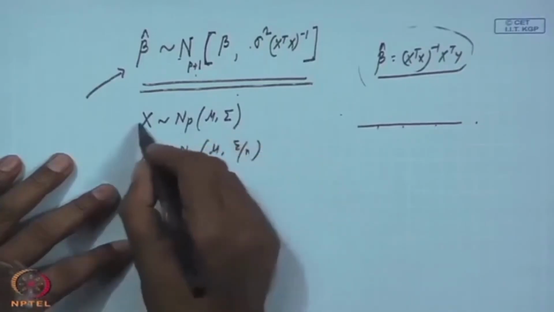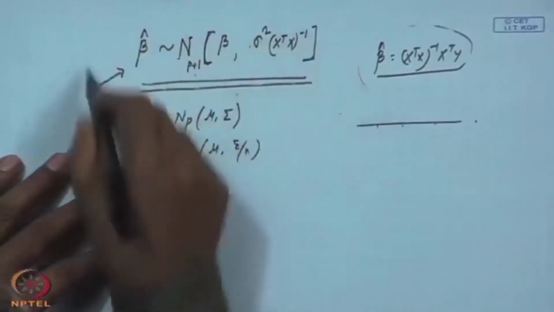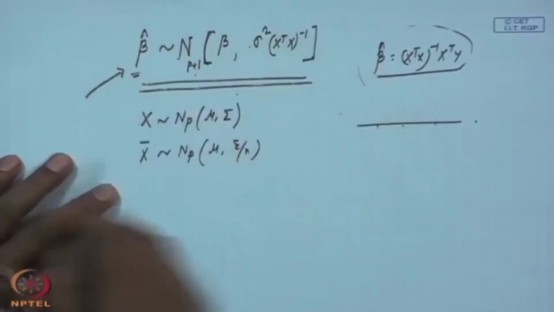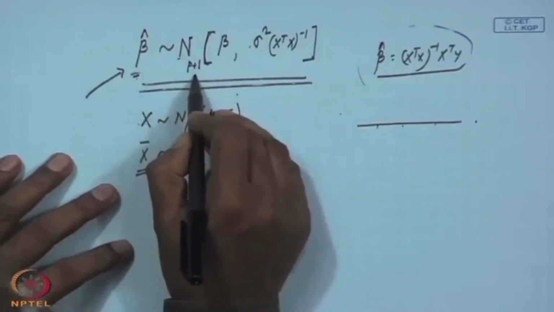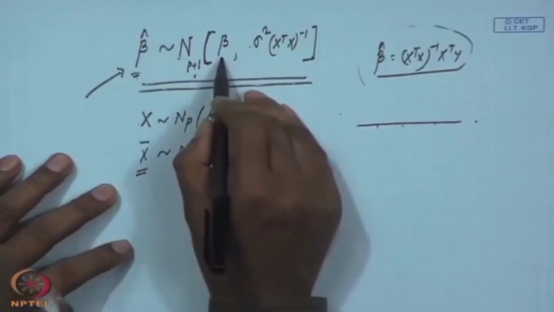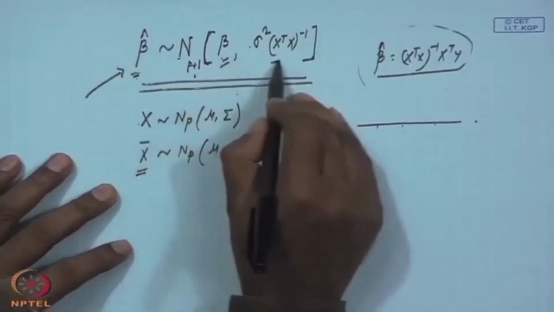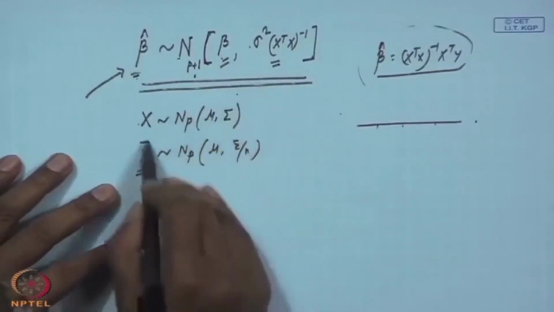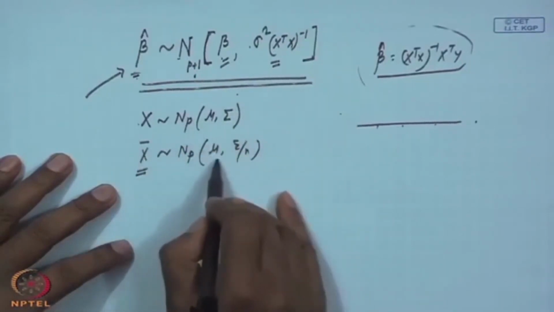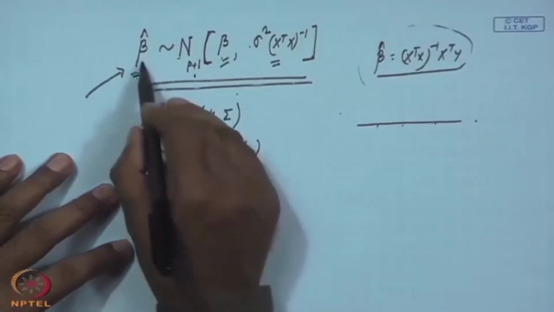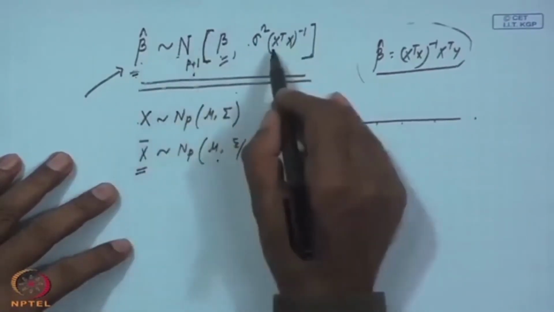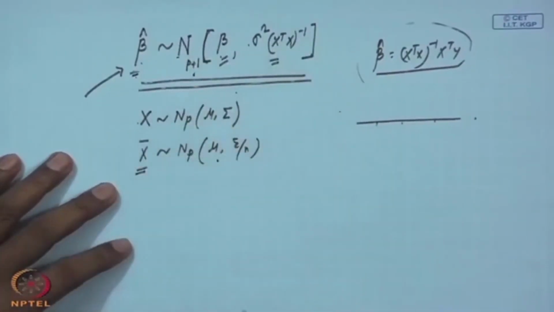Similarly, we have taken this data from multivariate normal and calculated some statistics. The x bar is a statistic, and for that statistic we found out the mean vector and the covariance matrix. In the same manner, beta is multivariate normal.